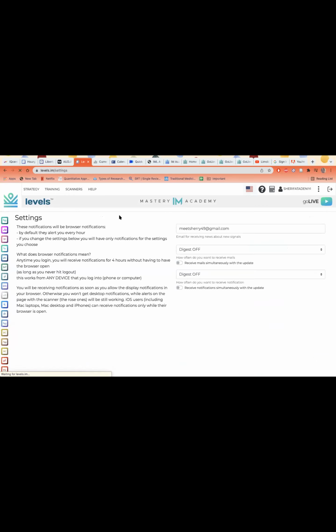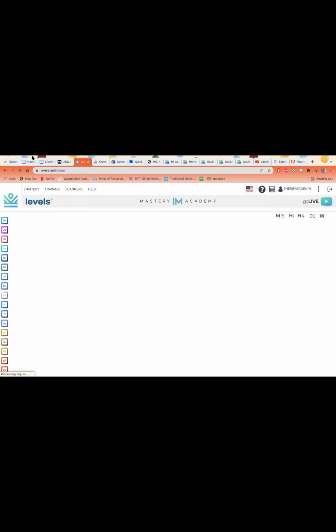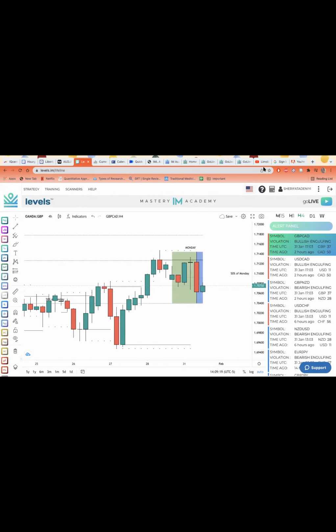Then you can just turn this one on. So you have two types of notification. One means that if you're on your browser, the notification will just come on. And then you can also get notification on your email.